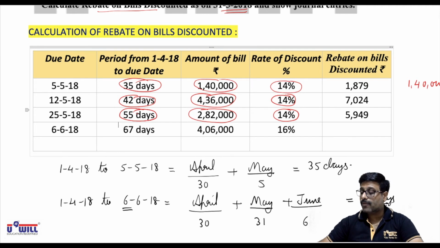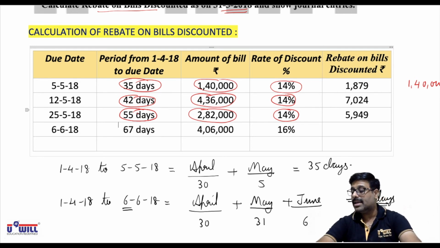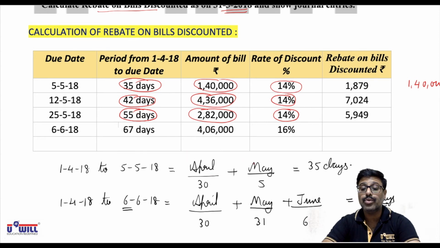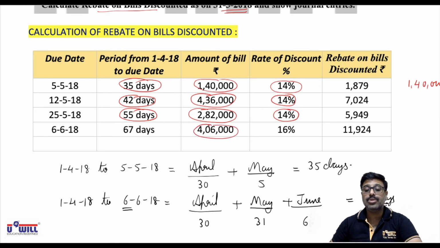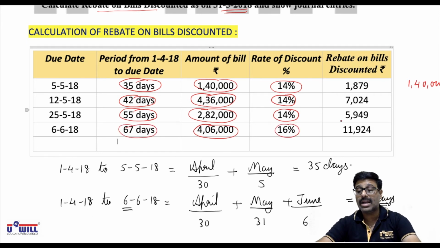And the last one, 4,06,000 into 16%. Now the rate is 16%, be careful. Into 67 divided by 365. That comes to 11924.